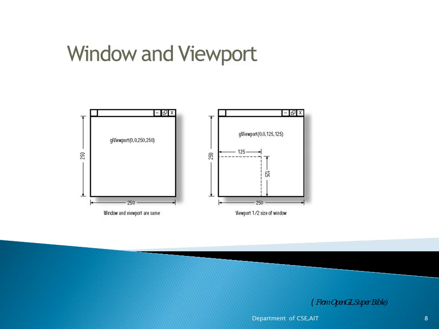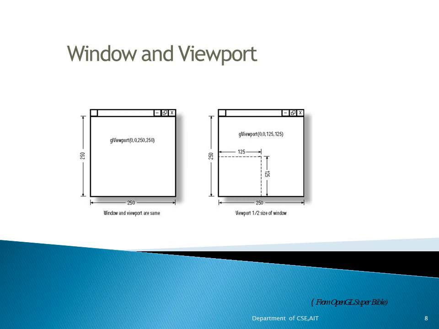window. In the first picture, we are having the window and the viewport the same. So when both of them are the same, that means the viewport is the same as the window. We are not differentiating. The viewport and the window boundaries will be the same, and when you give the dimension of the window itself as the viewport values in glViewport, you are going to get 0, 0, 250 and 250.